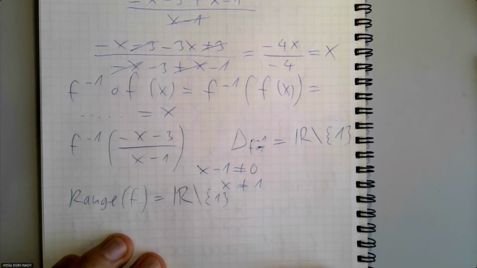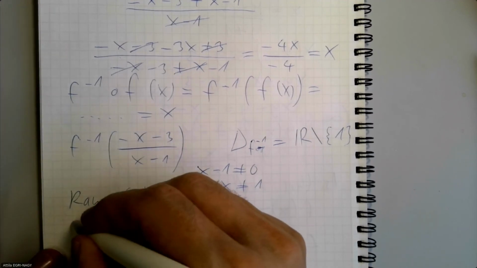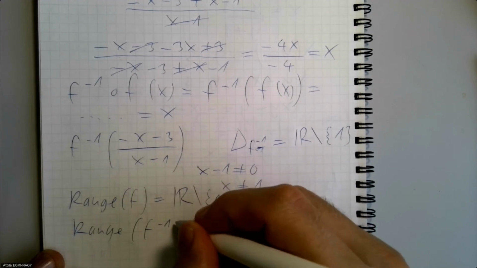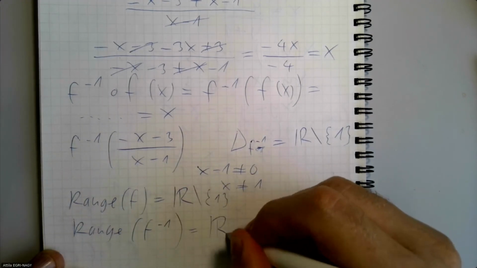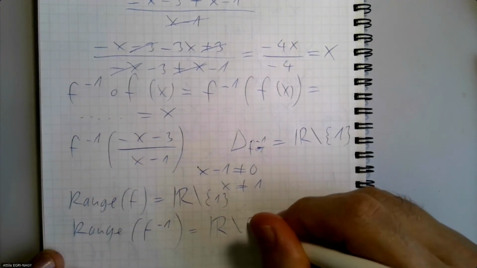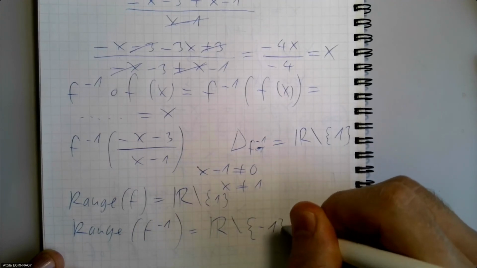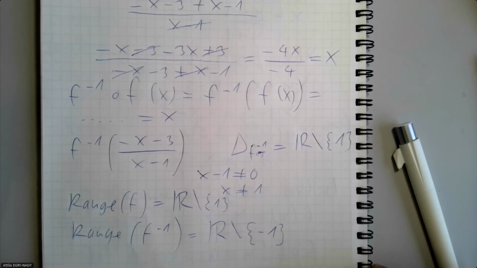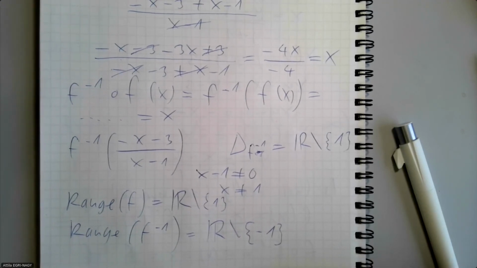So I know that the range of f inverse will be exactly that. So there is this nice relationship. That's the idea. When we turn around the function, the domain becomes the range and the range becomes the domain.